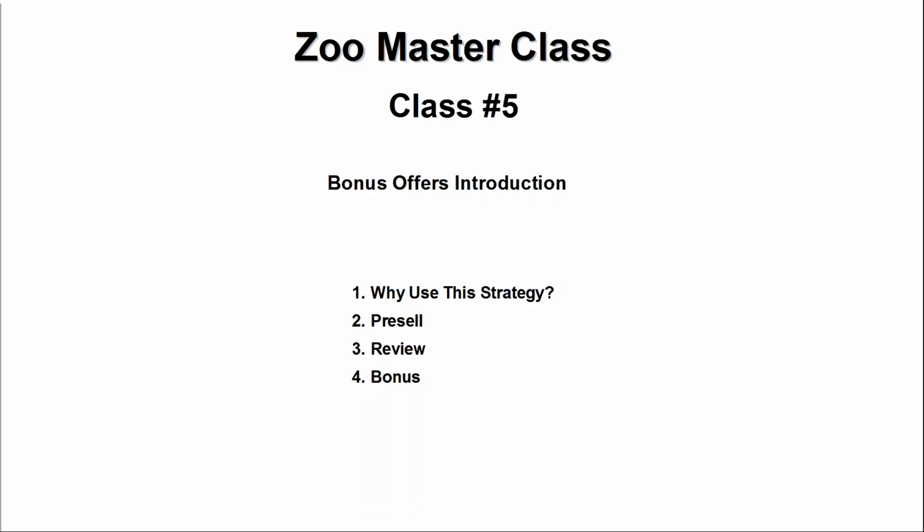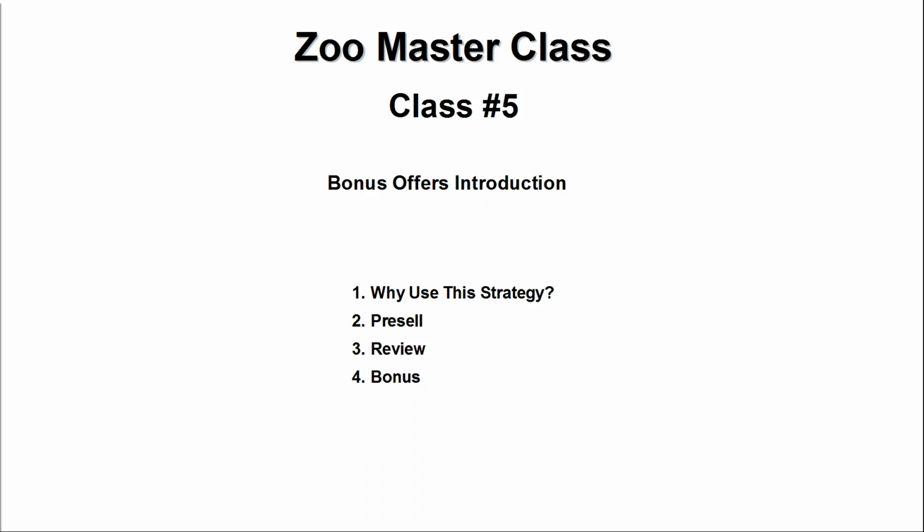The main reason why you want to use this particular strategy that I'm going to teach you is that it simply goes above and beyond what the average affiliate out there is doing for their JVZoo promotions. Most affiliates will simply request their affiliate link, send out an email with that affiliate link directly in the email, and just promote the product.